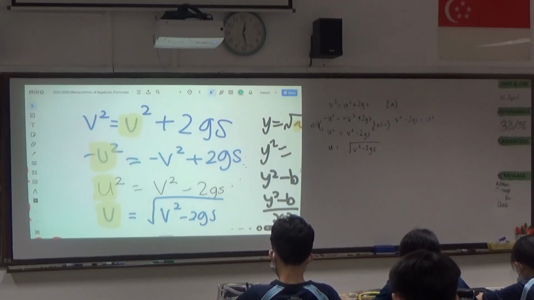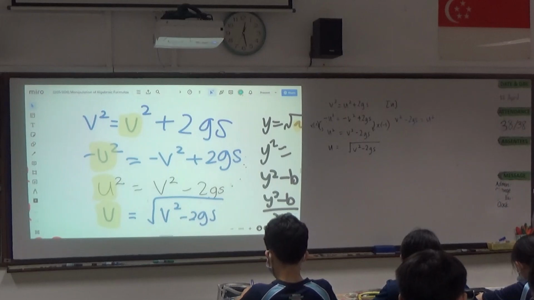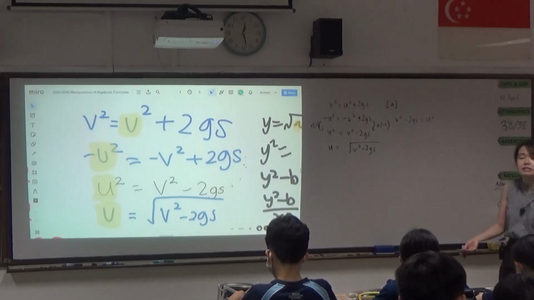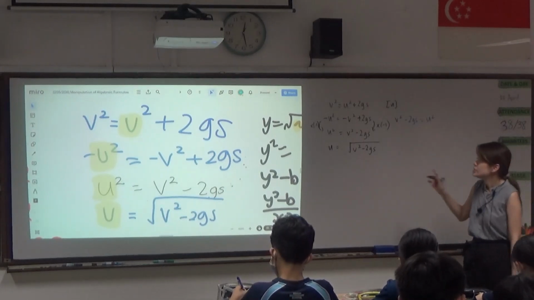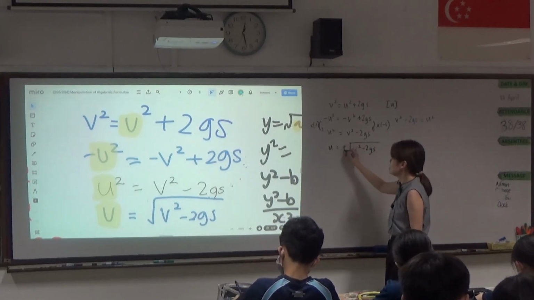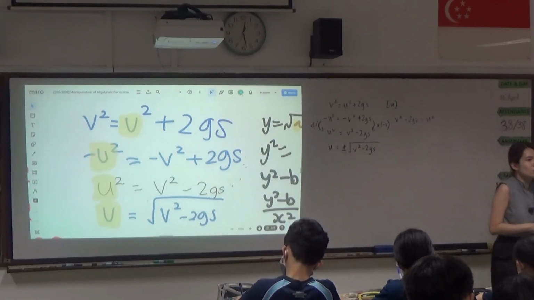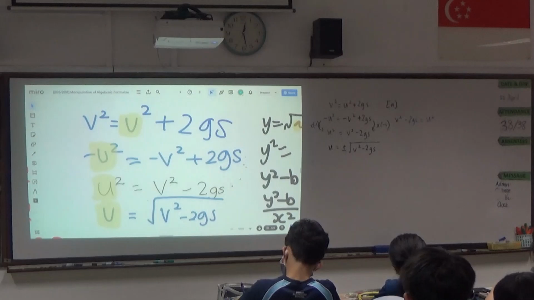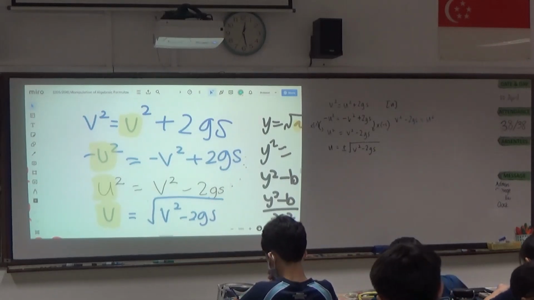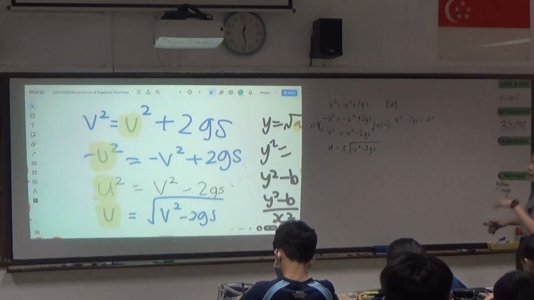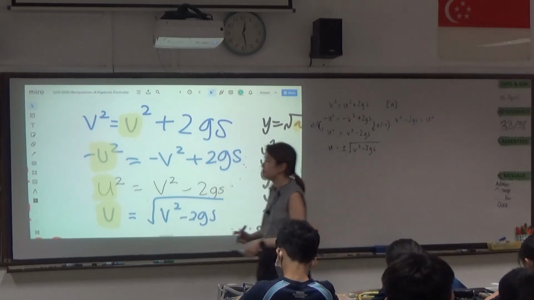Plus minus, right? Why? Because when we take square root, there are two solutions, positive and negative. So the formula should be written as u equals plus minus square root of v squared minus 2gs. So all the answers that were presented were all wrong.